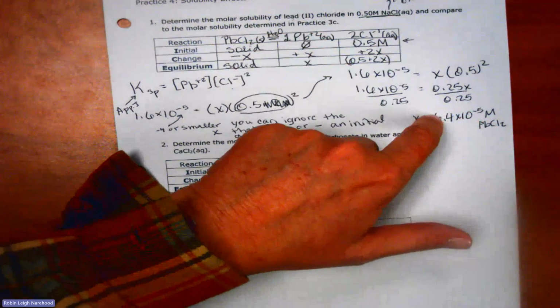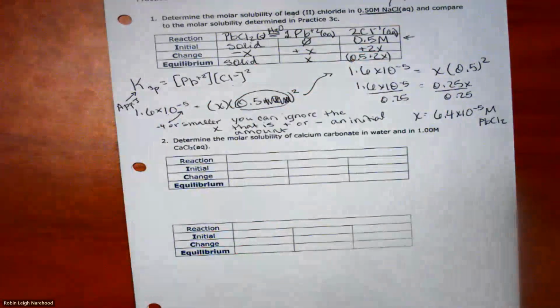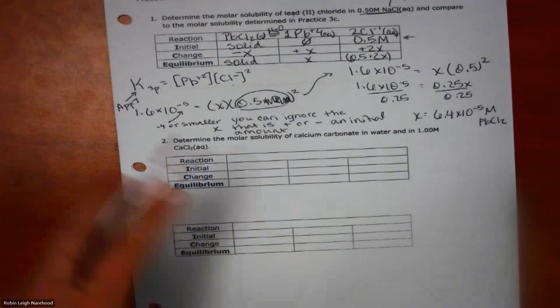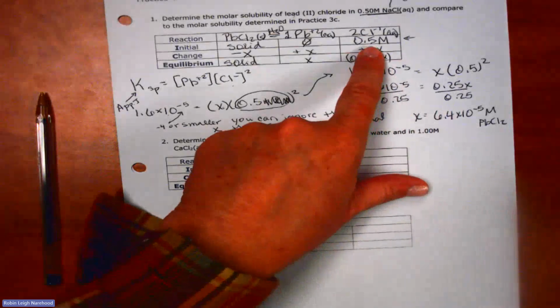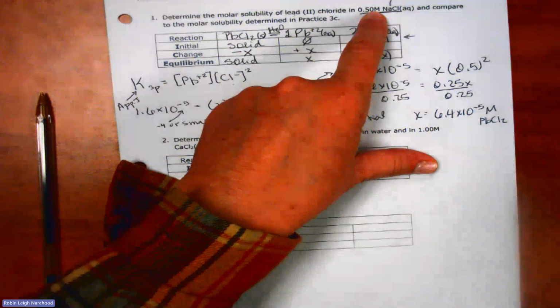If you take this number and plug it back in, it would go wherever X is in your chart. X is not eliminated. It just mathematically will not affect your final answer. If you plugged this back in, multiplied it by 2 and added it to 0.5, and then rounded to 2 significant figures, it's still going to be 0.5.